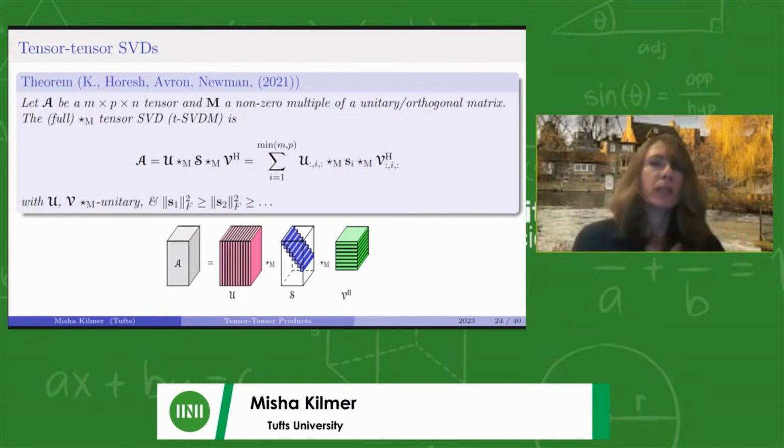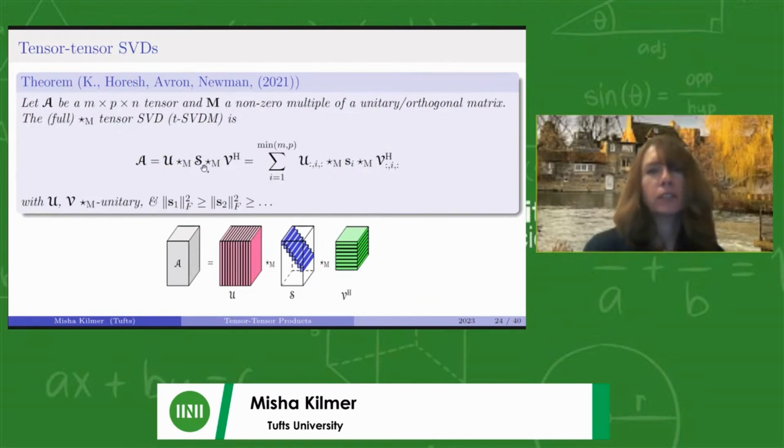And here it is. So if I have a tensor A, which is m by p by n, and I choose M to be a non-zero multiple of a unitary or an orthogonal matrix, then that tensor will have a full tensor singular value decomposition where U is unitary and V is star M unitary.